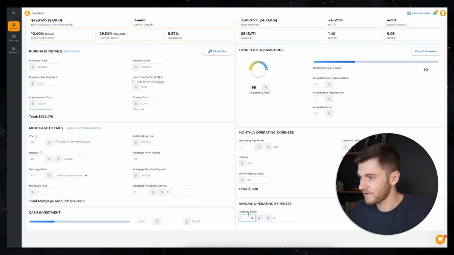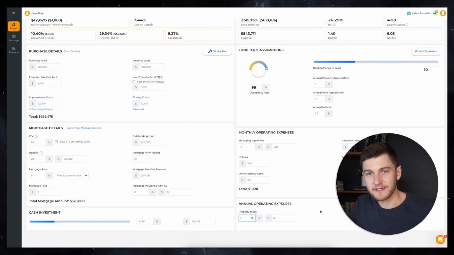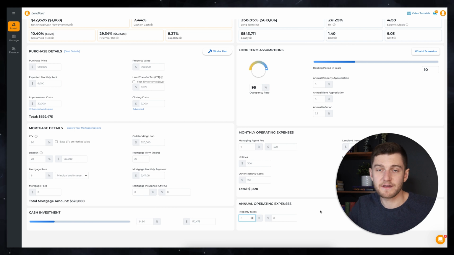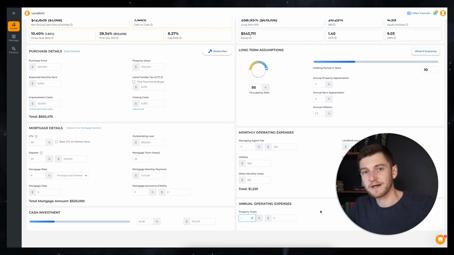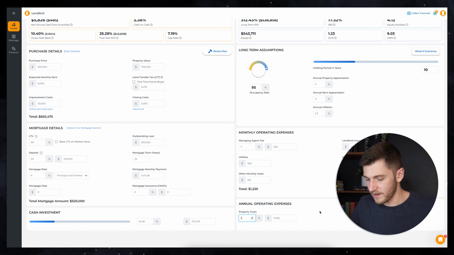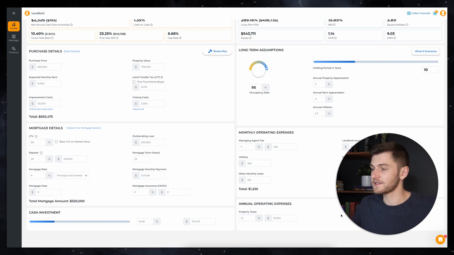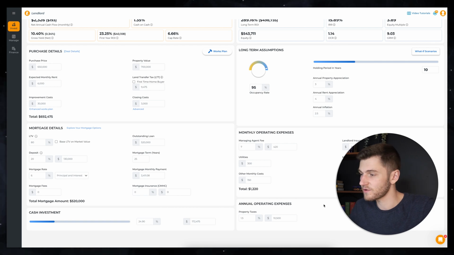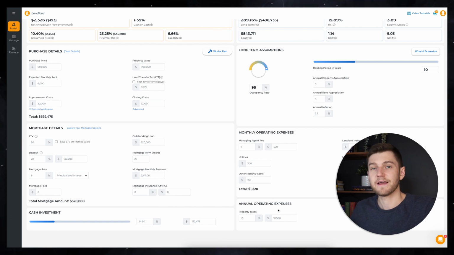And finally, for the operating expenses, we have property taxes, which are going to once again vary from municipality to municipality, type of property, the value of it, and so forth. We'll put 1.5% in this case for $10,500 in property taxes yearly.